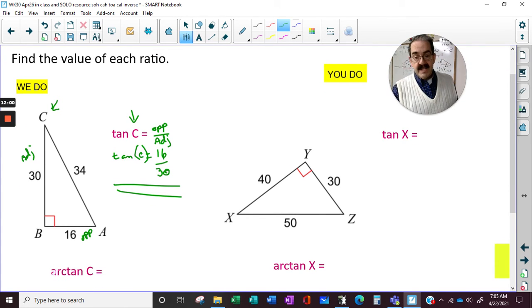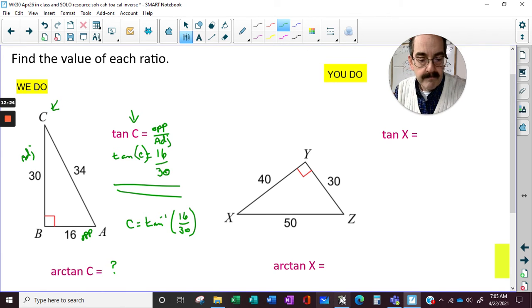New learning. What is the angle measure? Go. C is equal to the inverse tangent, the arctangent, the undo of tangent. Grab your calculator.